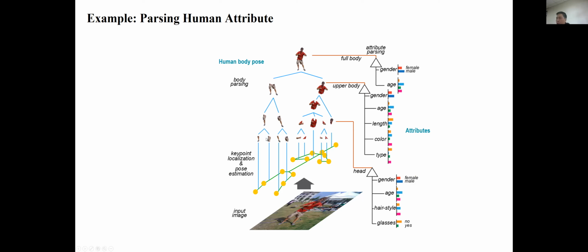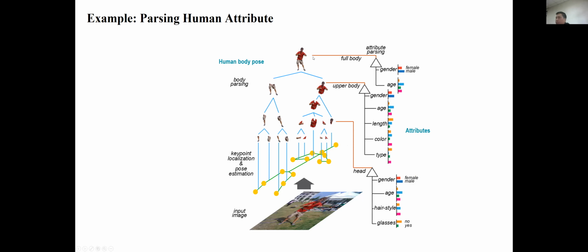This is the so-called phrase structure grammar. And then you have the so-called adjacency grammar, which shows the articulation and the connections of the body parts, for example, the green line here. So you have this pose estimation.